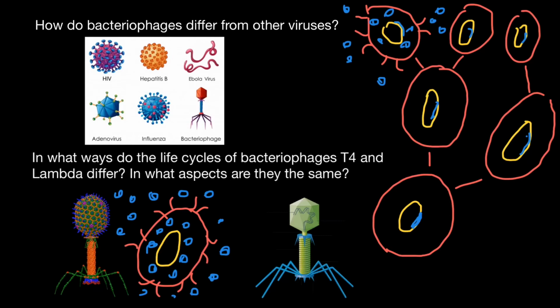But if conditions are unfavorable for bacteria, for example, lack of food, and bacteria are dormant or replicate very slowly, then this bacteriophage would take the lysogenic pathway and would replicate along with replication of bacteria and its genome. Also, a lytic cycle can be induced, for example, if we radiate this bacteria with ultraviolet.